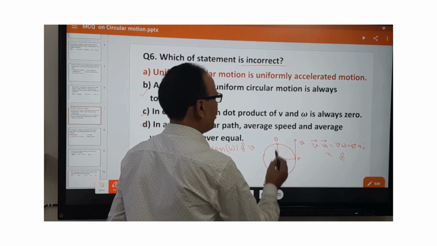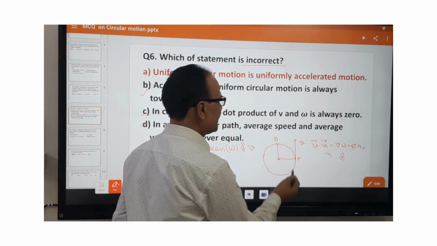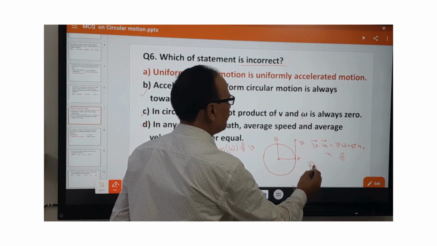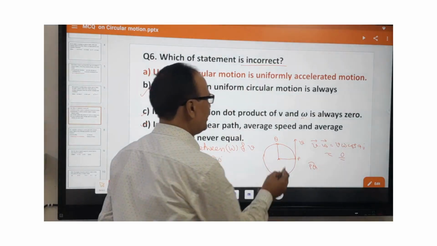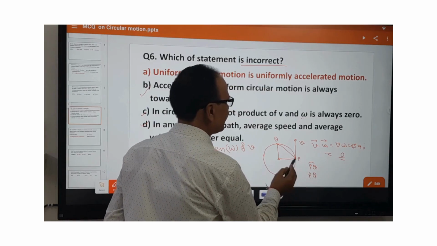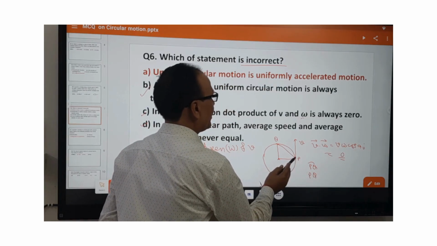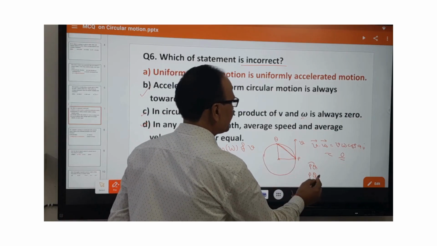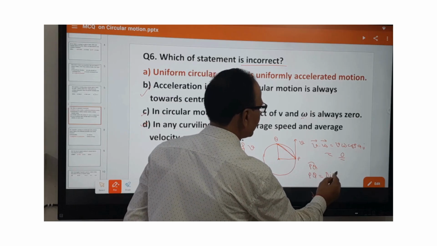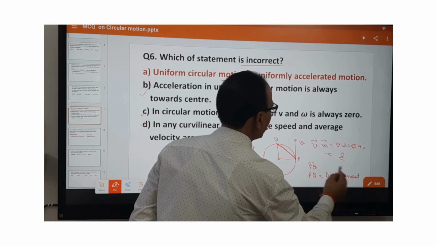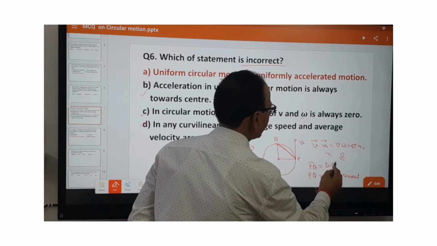When it reaches point Q, the distance traveled is equal to the arc of length PQ, and the displacement is PQ, that is the direct distance between points P and Q, this distance. This is the displacement, and this is the distance.